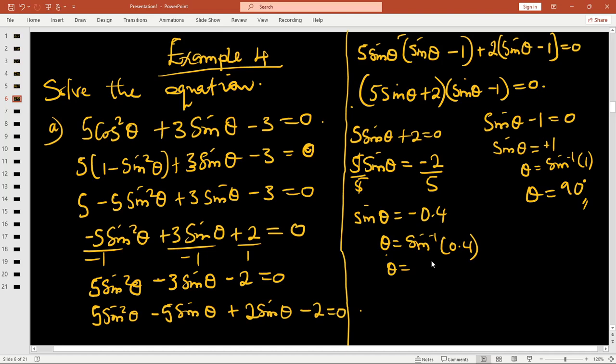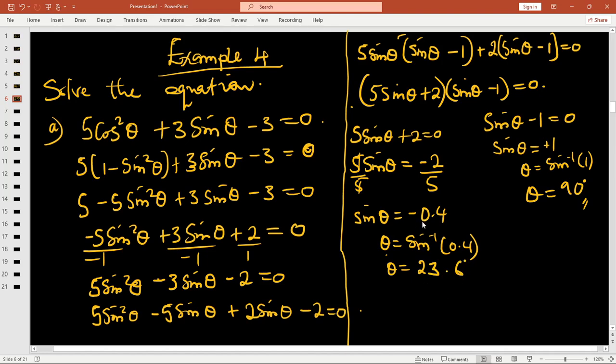So sine inverse of 0.4, we have 23.6 degrees.